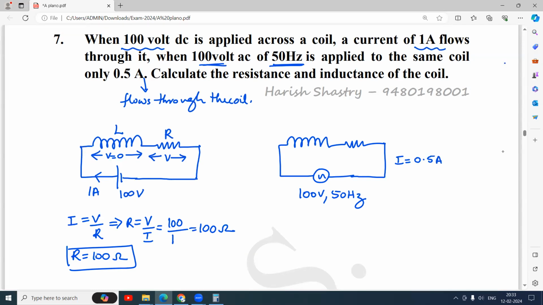This current is due to both the resistance and the reactance of the inductor.